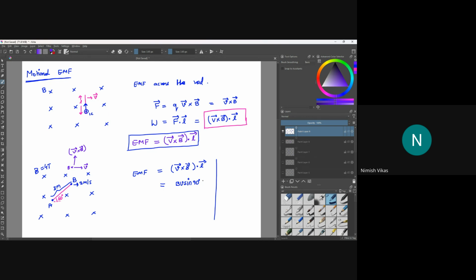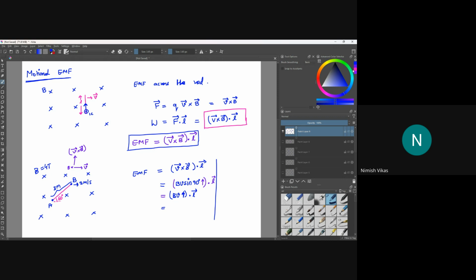So I'm gonna draw it like this. BV sine 90 upwards dot L bar. Sine 90 is anyway 1, so it is BV in the upward direction, going up, right? Dot L bar. It's just dot product now.